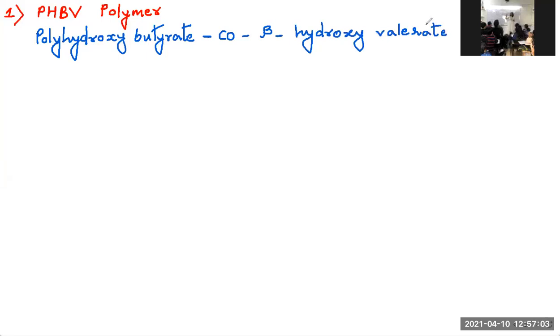Yes, it's a copolymer of hydroxybutyrate, that is 3-hydroxybutanoic acid, and 3-hydroxypentanoic acid. Okay, it is a copolymer. That is why that co.